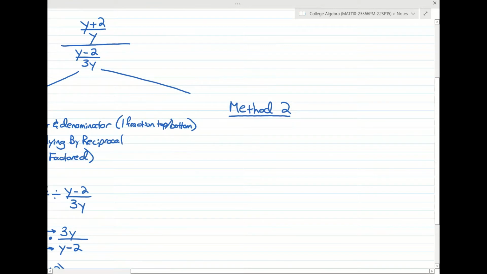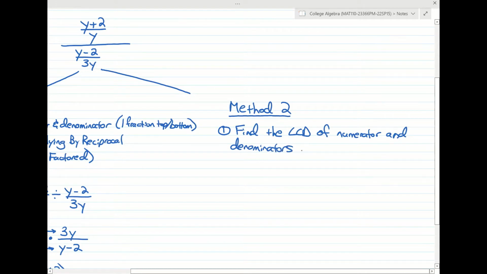So for method 2, what we're going to do, first step is we find the least common denominator of the numerator and denominator. I'll explain what that means. For the top fraction, look at the denominator. The bottom fraction, look at the denominator. What's the LCD of those two denominators?